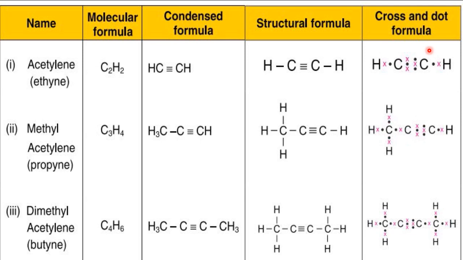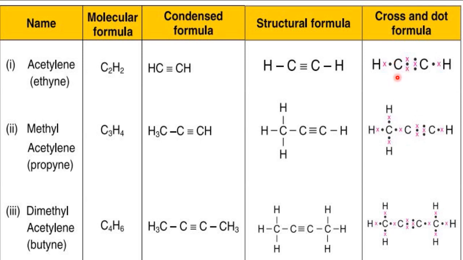The number of electrons participating from each atom can easily be understood by means of the cross and dot formula. Here the carbon represents its electrons by means of dots and hydrogen represents electrons by means of crosses. So in this way we can say that each hydrogen and each carbon is satisfying its valences.